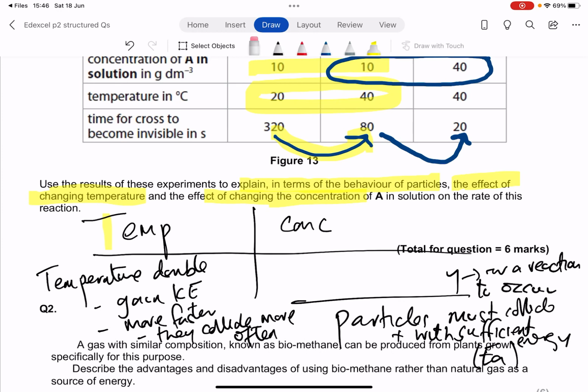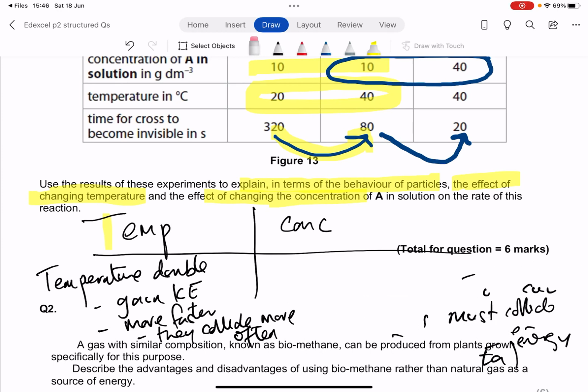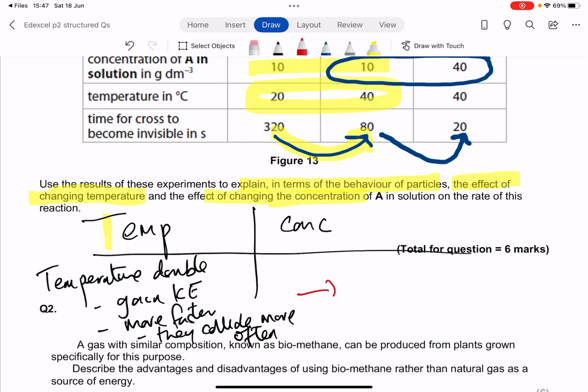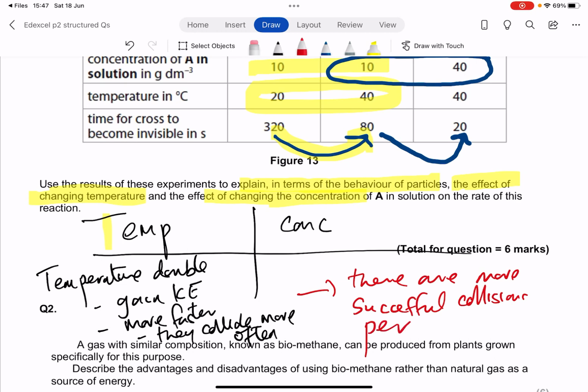So the frequency of collisions has gone up, so there are more successful or efficient collisions per unit time, per minute.